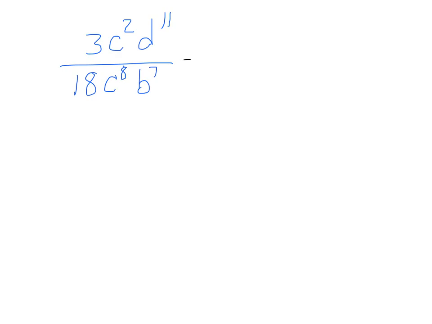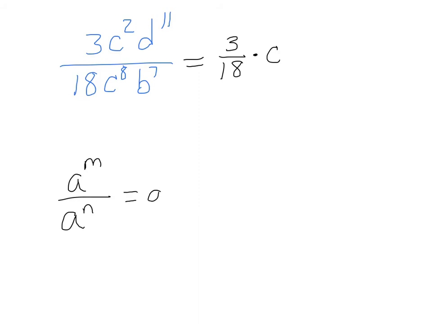If you're more of a formula person, know that you can piece apart this fraction by saying 3 over 18 is multiplying c. And remember the formula for attacking variables, powers, that are being divided and have the same base. This is the same as saying a to the m minus n.